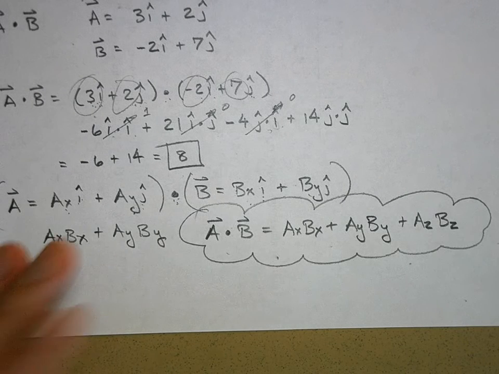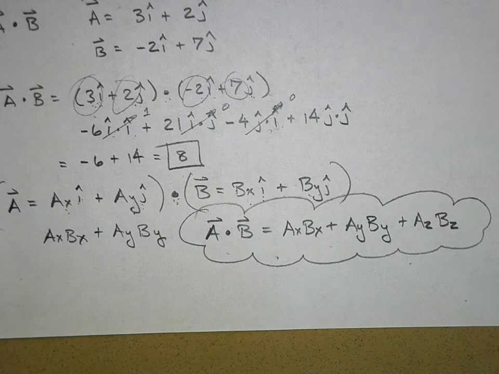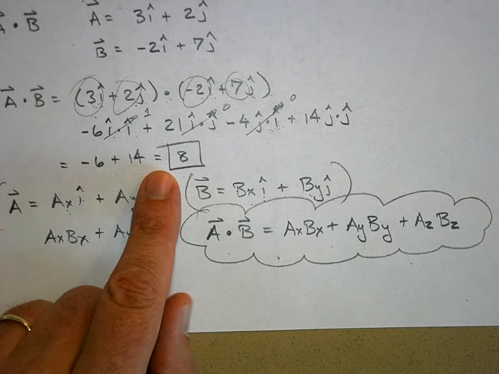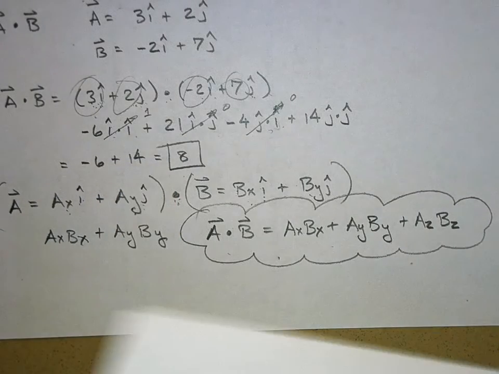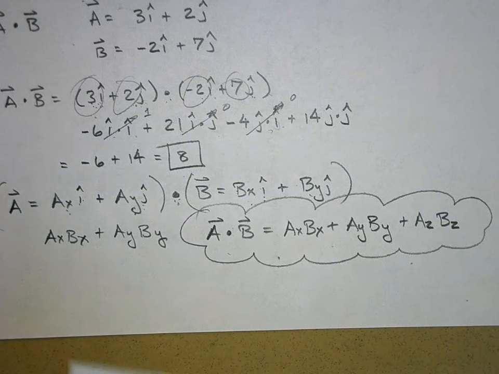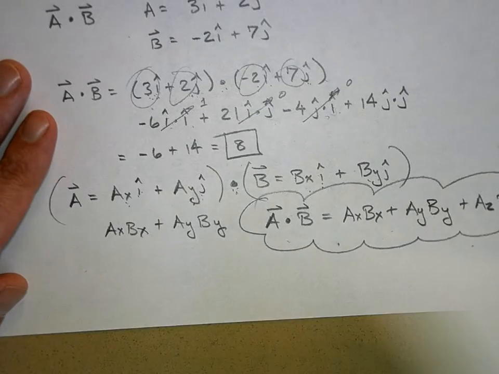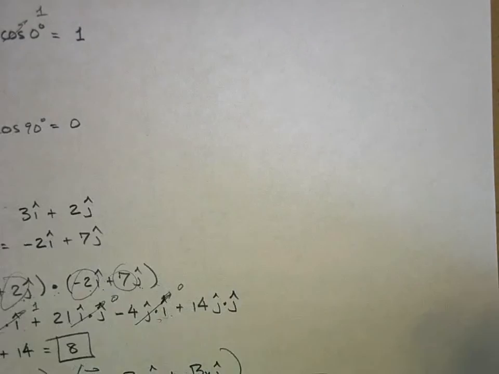Now here's how you can use this, though. Let's say I've got two vectors. Well, I'll use the two vectors I have right up here because I already know the answer. I'll use this part of the paper.